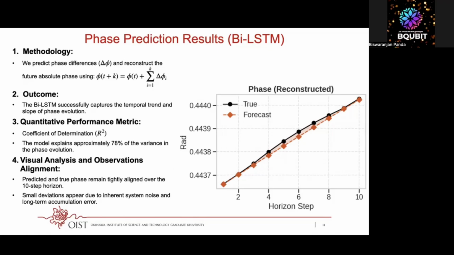Qualitatively we can see it, and our R square metric, which is a metric of accuracy, is given as 0.78. So it's a kind of okay.